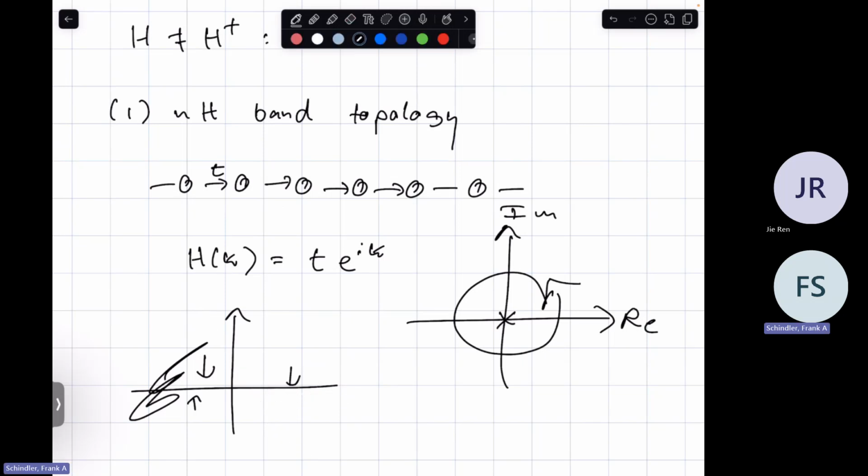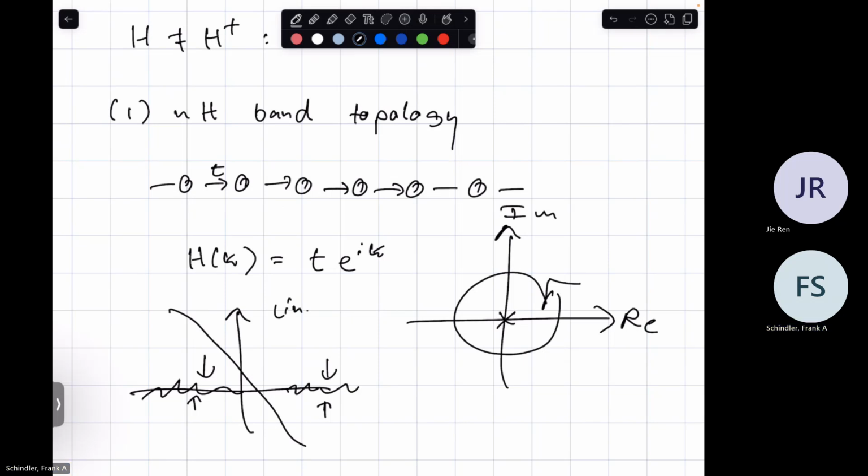So I have some spectrum here and here because I've put them all onto the real line without closing that line gap. So it's essentially a Hermitian type of gap. I'm back to my Hermitian system with a real spectrum. So a line gap is fundamentally different from a point gap.